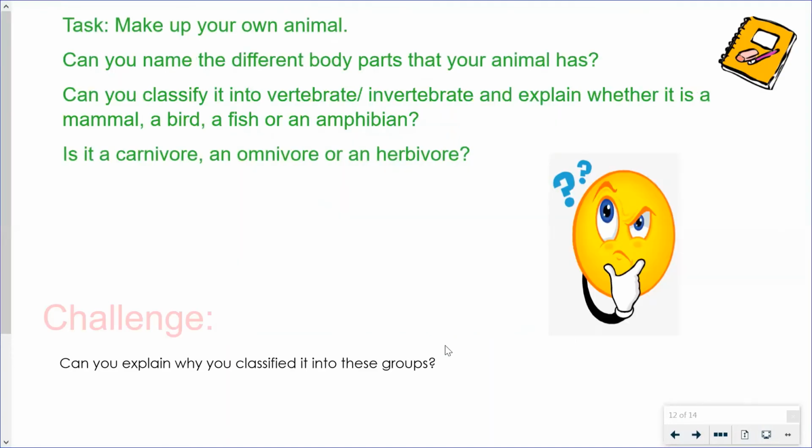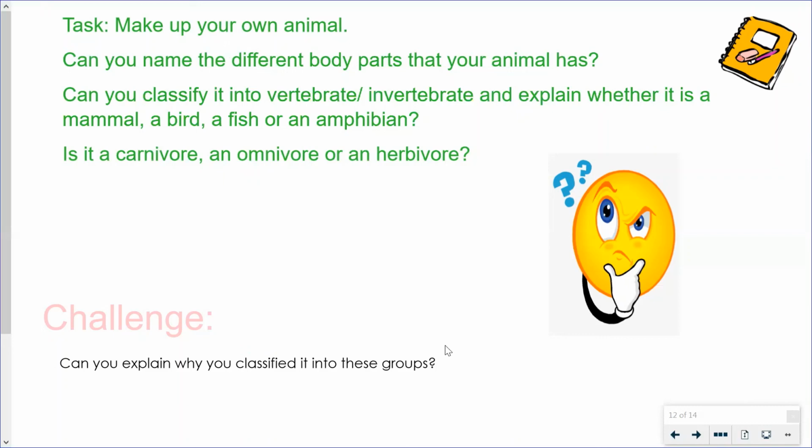Your task today is to make up your own animal. You can also have a look on the internet like I did. Make sure you draw your animal in your home learning book. Once you do that, I would like you to label the different body parts that your animal has. Then I would like you to classify it into vertebrate or invertebrate and explain whether it is a mammal, a bird, a fish, or an amphibian.